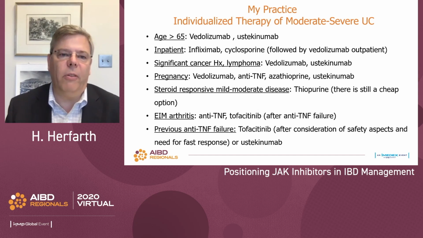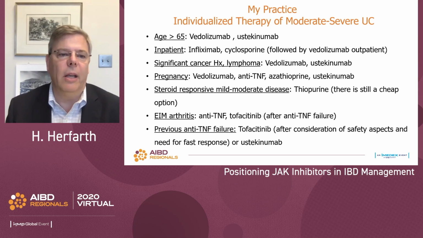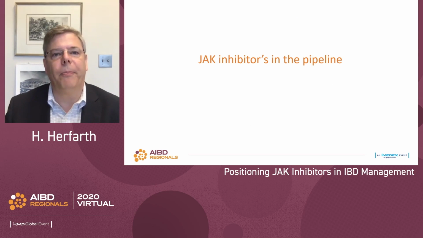If you have steroid-responsive mild to moderate disease, it's a thiopurine. It's still a cheap option, I think, and you can do it in some patients. If you have arthritis, anti-TNF and tofacitinib after anti-TNF failure is preferred. And as we had it before, if you had previous anti-TNF failure, it's tofacitinib after consideration of safety aspects, and if you have a need for fast response, or ustekinumab.